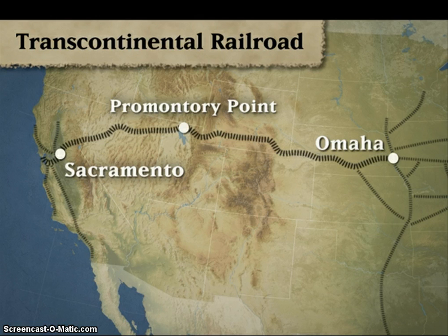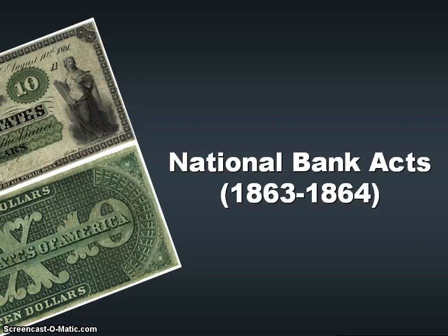Okay, we said that the Republicans in the United States also promoted an economic success plan. And one of those attempts to bolster the economy is the National Bank Acts. And that's going to take place 1863, 1864. And that's going to be the production of these things called greenbacks.